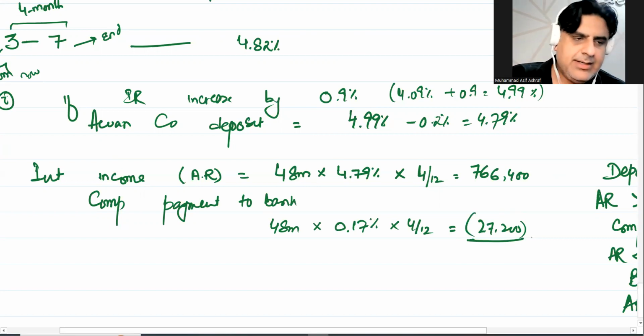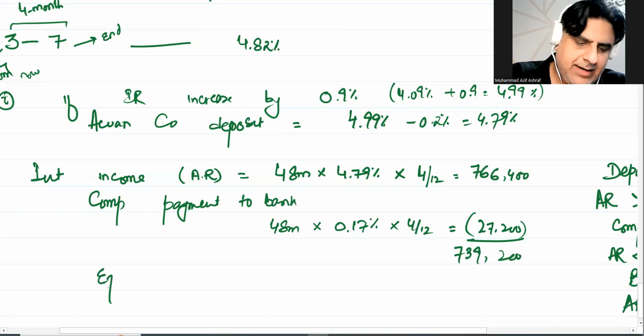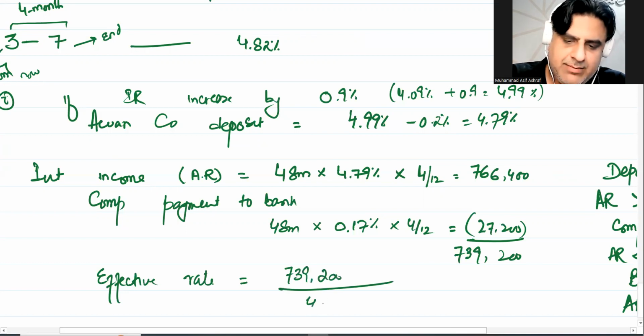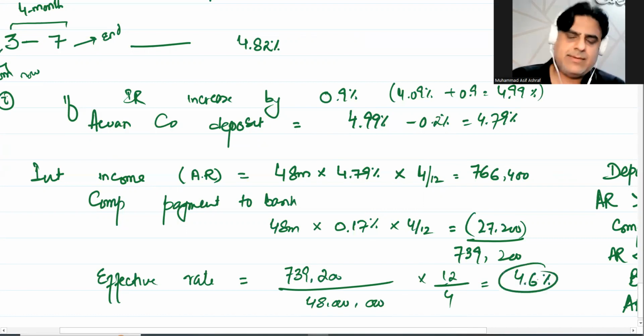Net receipt is 739,200. Find out the effective rate. How much interest are you going to receive? 739,200 out of a deposit of 48 million, for how much period? It is related to 4 months. So gross it up and multiply it by 12. This is almost 4.6%.